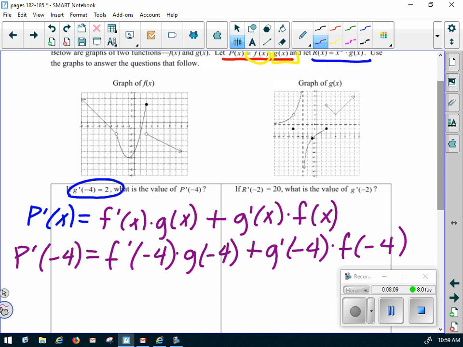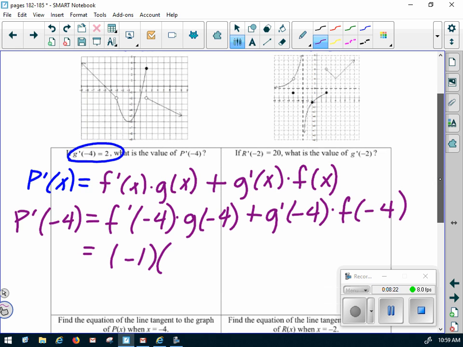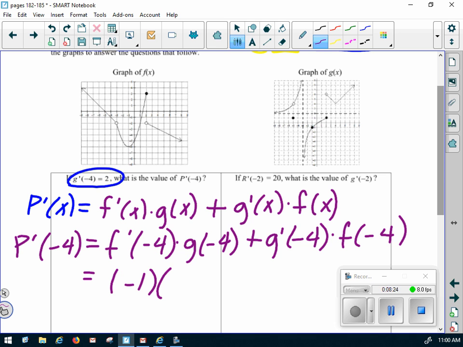That's the graph of f. Why negative 1? That's the slope, right? So negative 1 times, what's g of negative 4? I cannot see on here at all. You're just going to have to tell me. What's g of negative 4? 6.